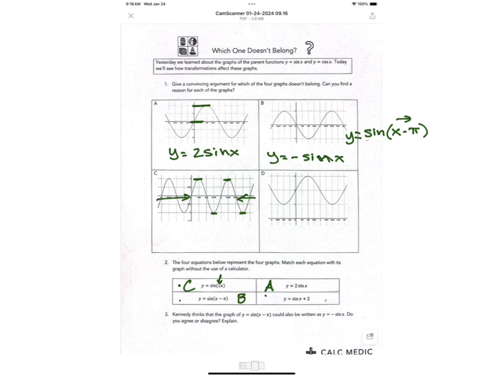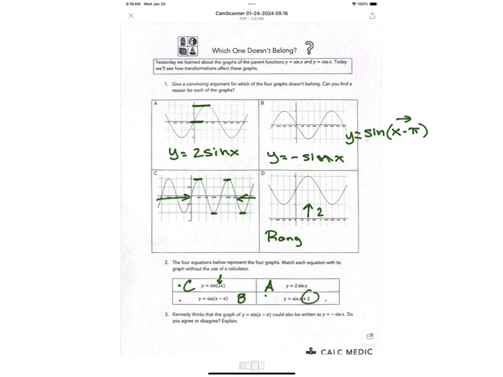And then the last one, I heard everybody got this one, went up 2. Because outsiders tell the truth. So this is also a shift, a translation, but because it's up 2, we could say sine x plus 2. Okay? Question. I need you to think of this.